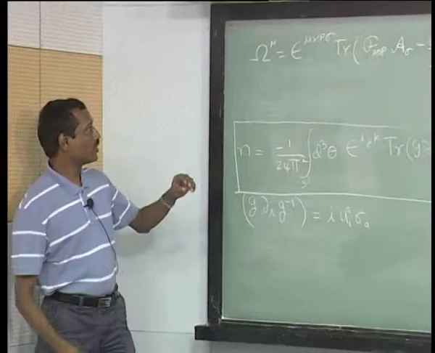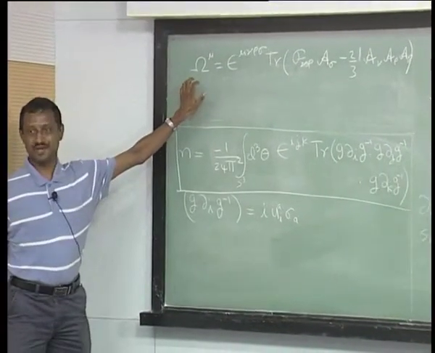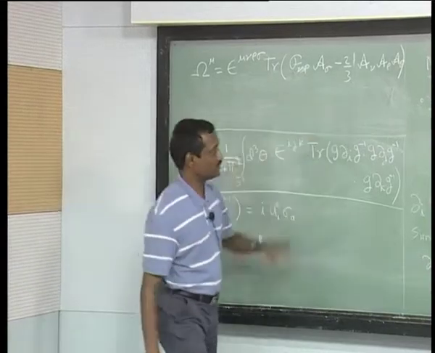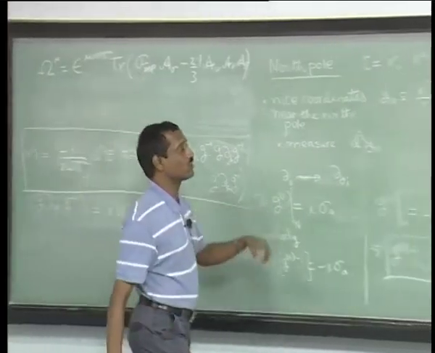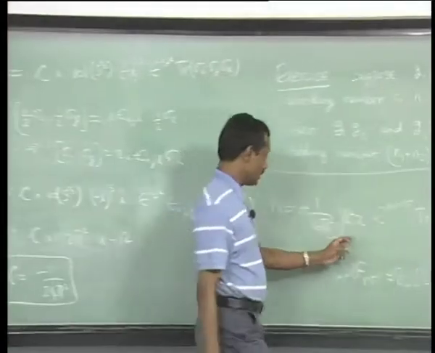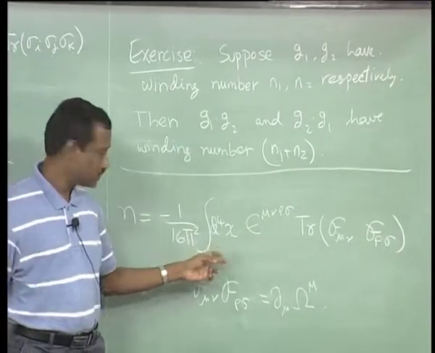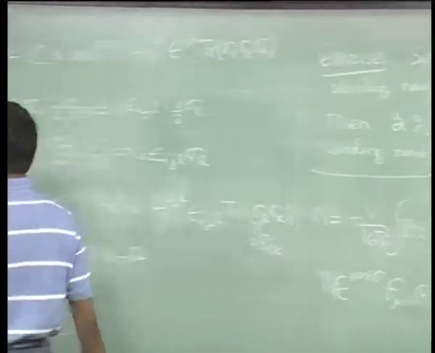These numbers are important, but what is more important is the structure, which is that it takes this form. Because it is a total derivative, this integral over all space reduces to an integral.